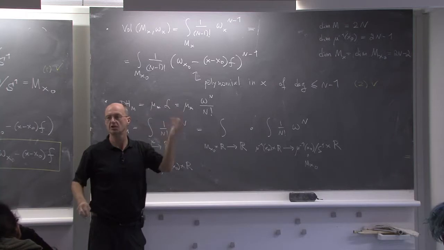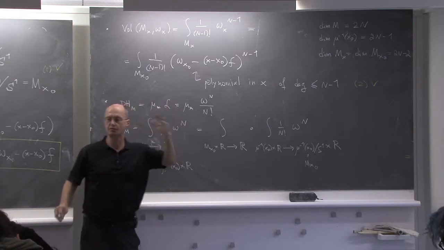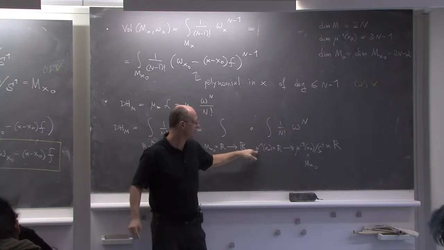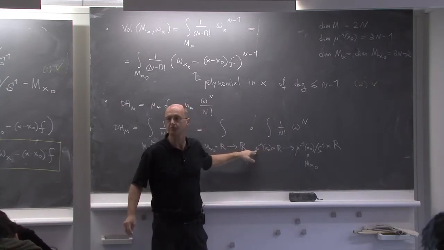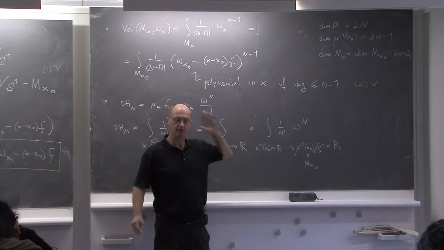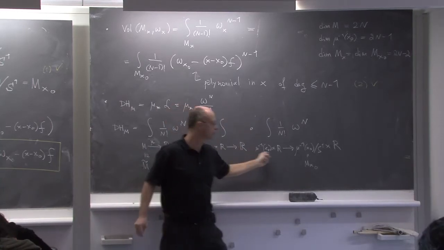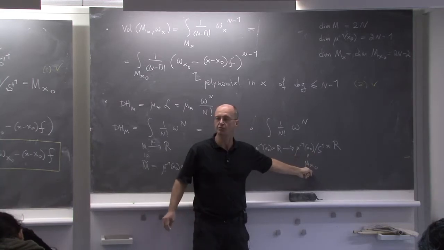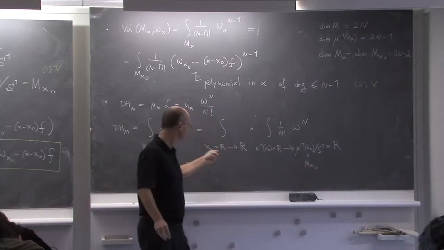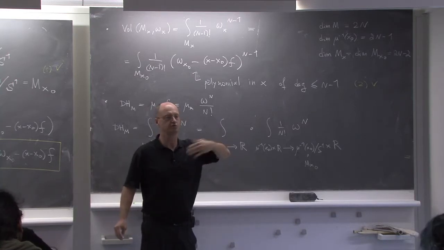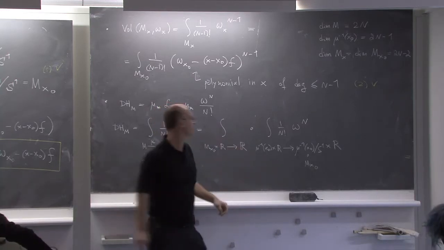So I first integrate, I have a fiber integral, and my fibers are all isomorphic to this principal S1 bundle. Let's first integrate over the fibers of the S1 bundle to get down to the base, and then integrate over the base. This is like doing Fubini twice.